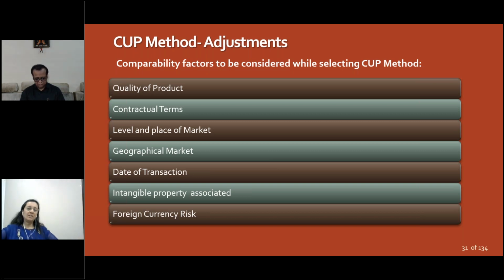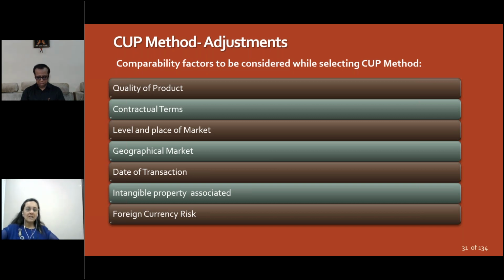Similarly, date of transaction. Date of transaction is important where you have cyclical industries. So for example, let's say that you were selling sugarcane, or sugarcane after the sugar has been extracted, you have the sugarcane left and you use it to create biogas. And let's say an eligible unit purchases that leftover sugarcane to produce biogas.